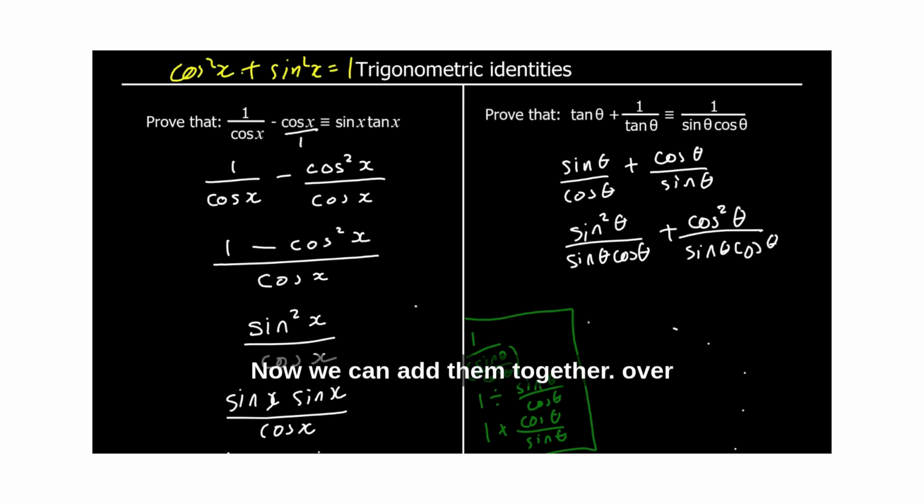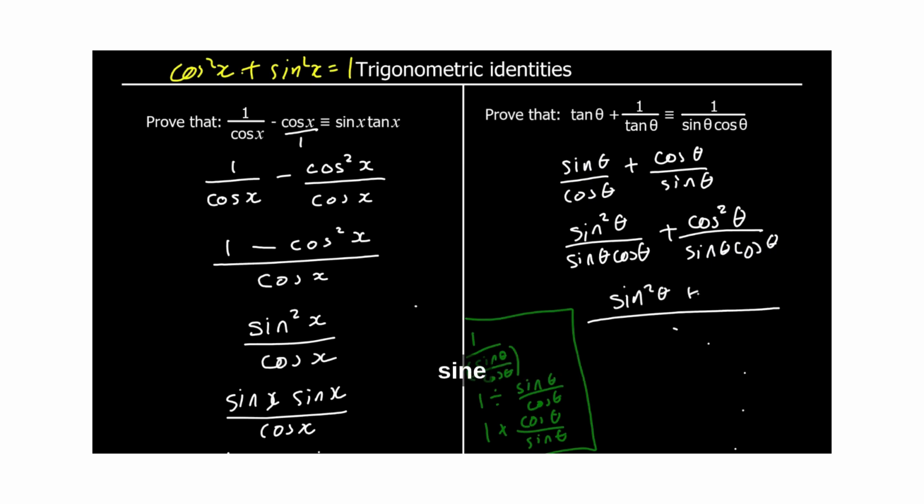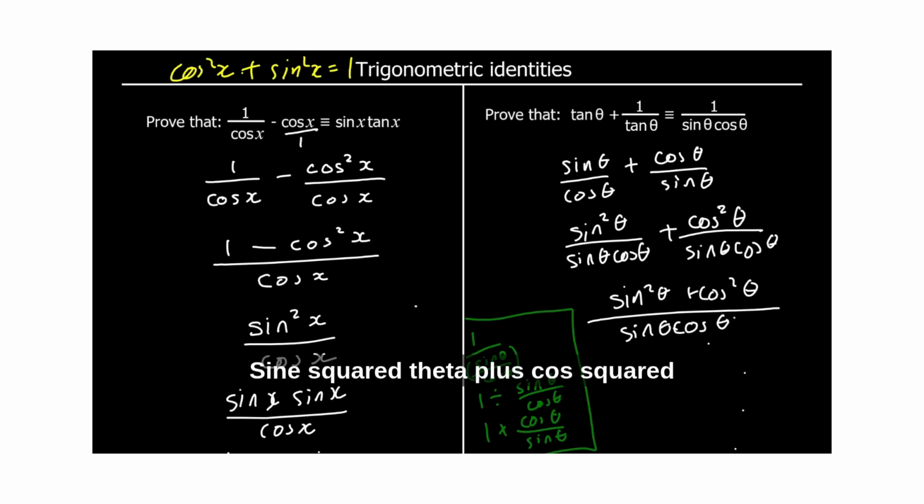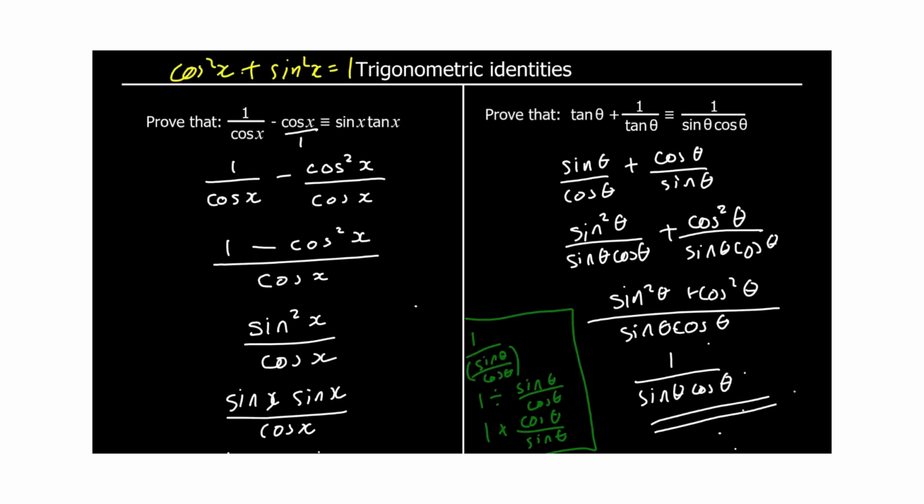Now we can add them together. So we've got sine squared theta plus cos squared theta over sine theta cos theta. Sine squared theta plus cos squared theta is 1. So we've got 1 over sine theta cos theta.